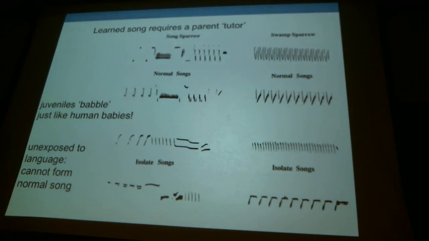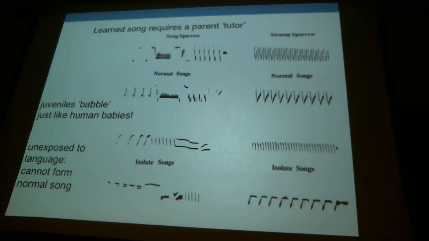So here's an example of different swamp sparrows who have various normal songs. The juvenile will babble. They'll do little bits of song and try to figure it out, just like humans babble.